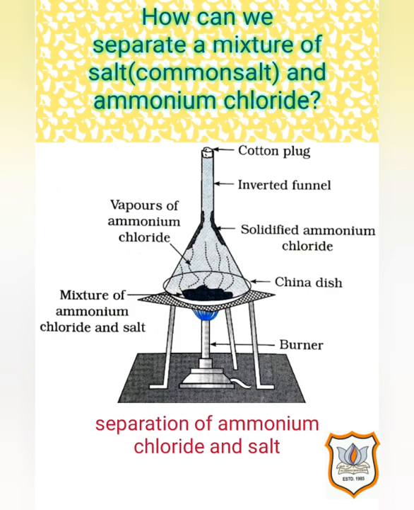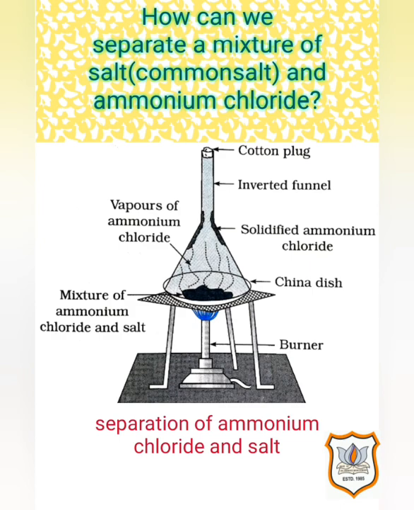Next, how can we separate a mixture of common salt and ammonium chloride? Students, we have learned in chapter number 1 that ammonium chloride changes directly from solid to gaseous state on heating without changing into liquid state in between. So this method is known as the sublimation method.